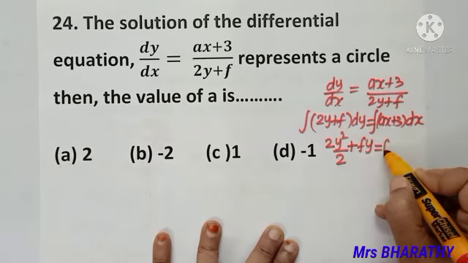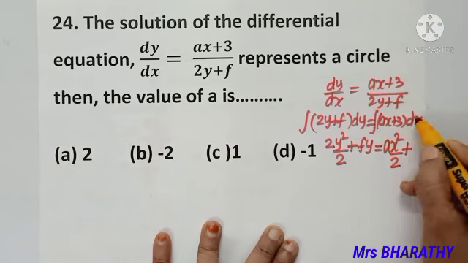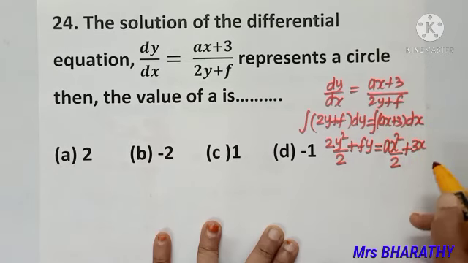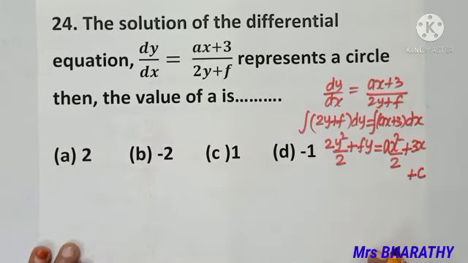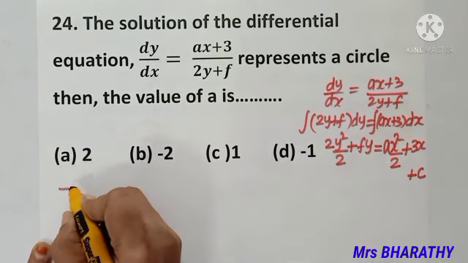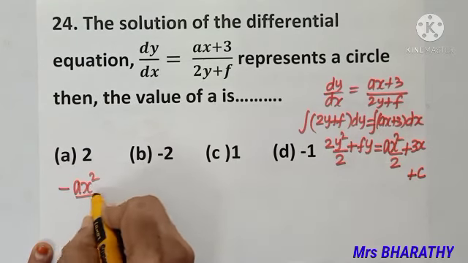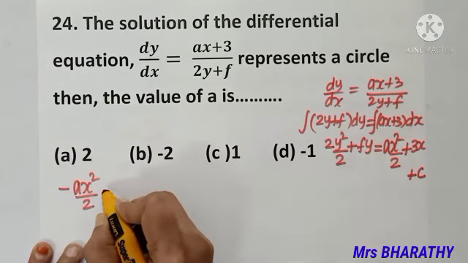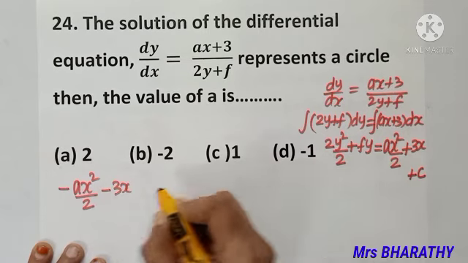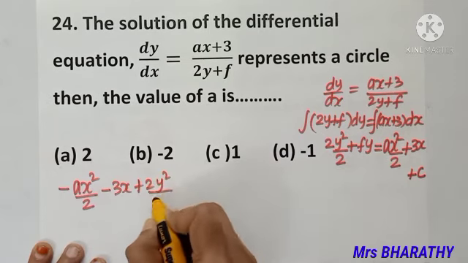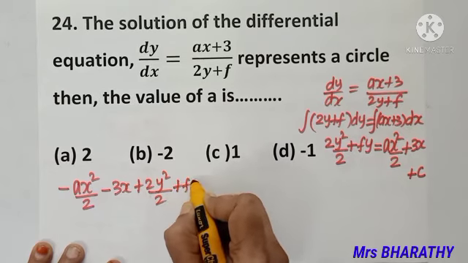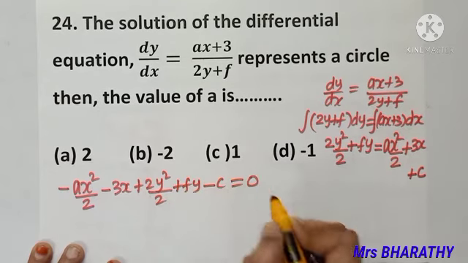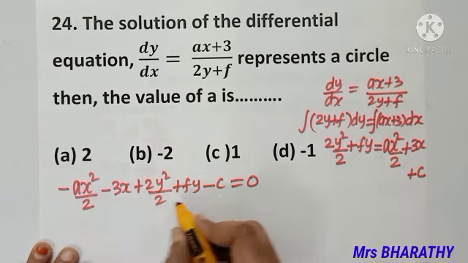RHS a, x becomes x square by 2 plus 3 is a constant, dx tells me put 3x. And we will introduce a constant. Bringing all the terms to the same side, I get minus ax square by 2 minus 3x plus 2y square by 2 plus fy minus c equals 0.